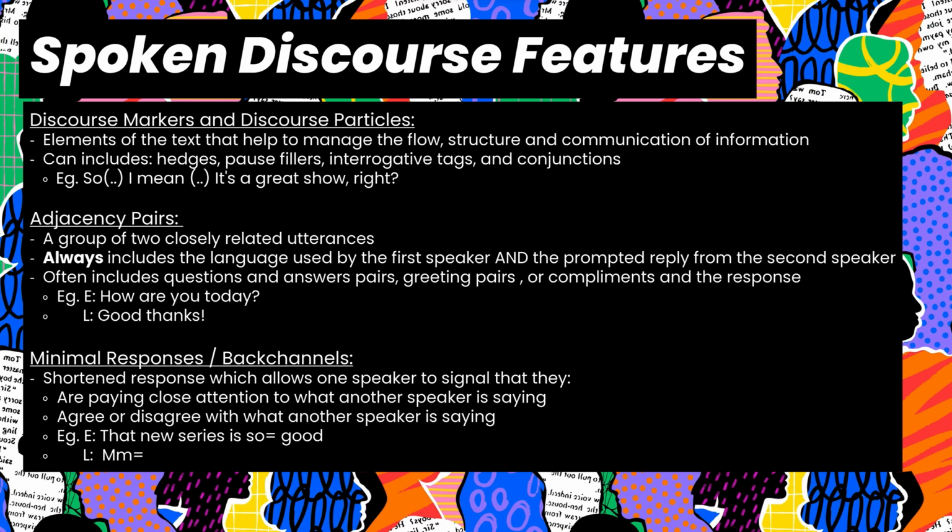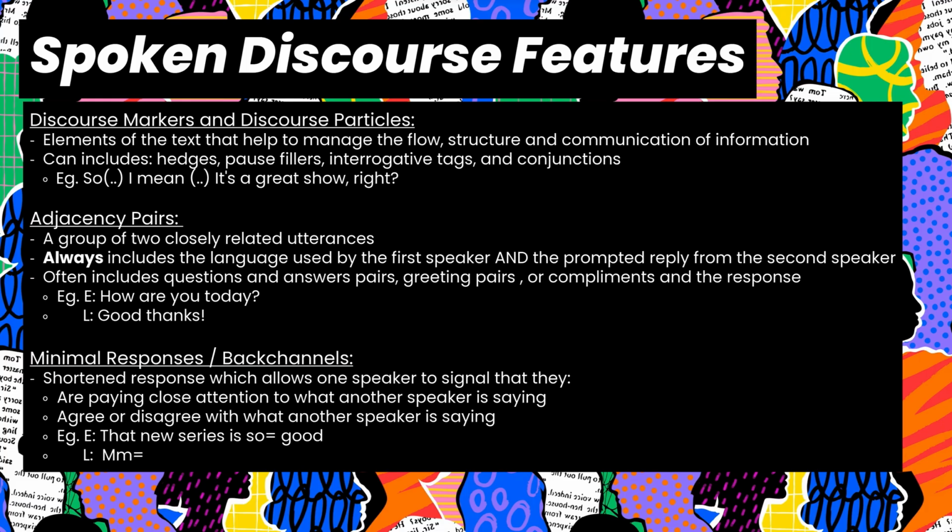Discourse markers and particles, though, refer to those elements of the text that are used to help manage the flow, structure, and communication of information. This is an umbrella term. So discourse markers and discourse particles are umbrella terms for a range of language features that do this. And some of the really common things are hedges, pause fillers, interrogative tags, and conjunctions.